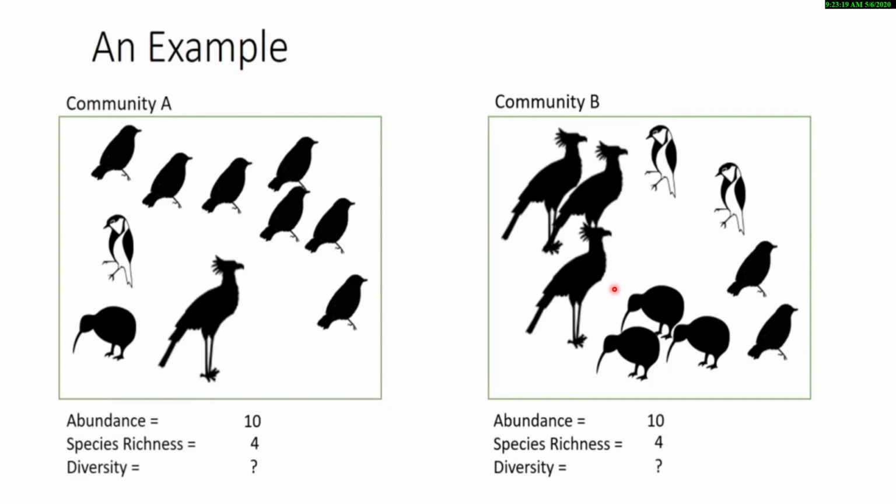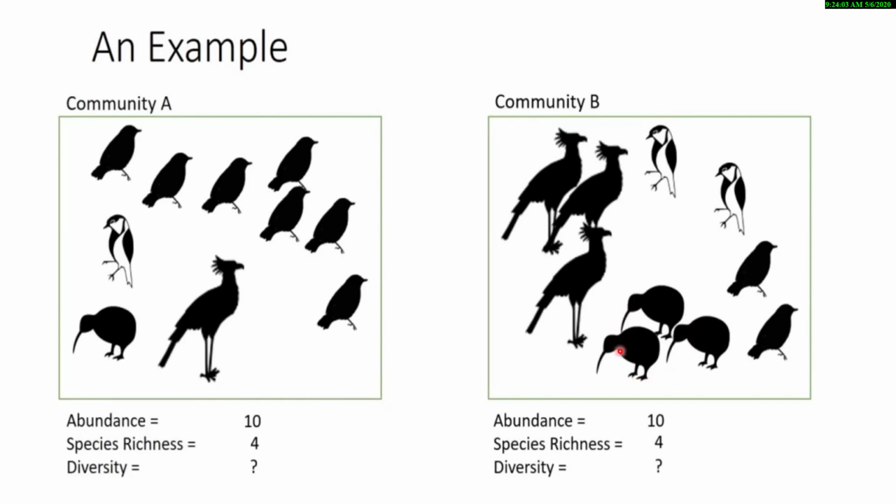Then let's come to community B. How many individuals, or what is the abundance? 1, 2, 3, 4, 5, 6, 7, 8, 9, 10. So community B and community A have the same abundance, 10. What is the number of species? This and that belong to one species, 1, 2, 3.